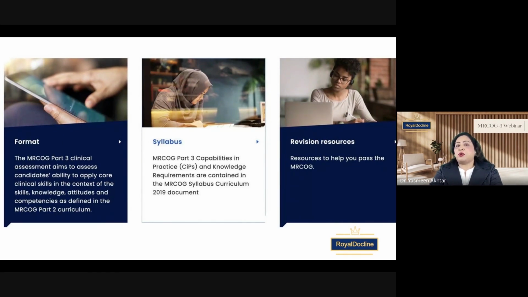You can download this syllabus from there and go through how the UK candidates are trained according to this curriculum. If you want to pass the MRCOG Part 2 and Part 3 specifically, you have to go through this document. This is very important, and you have to understand what the SIPs are.